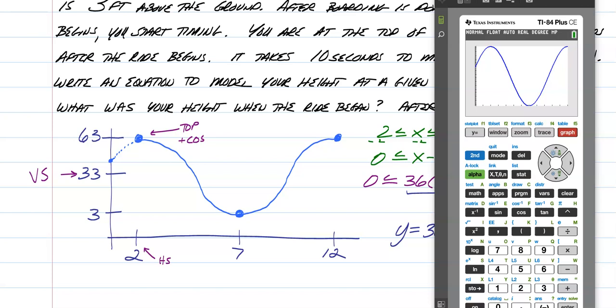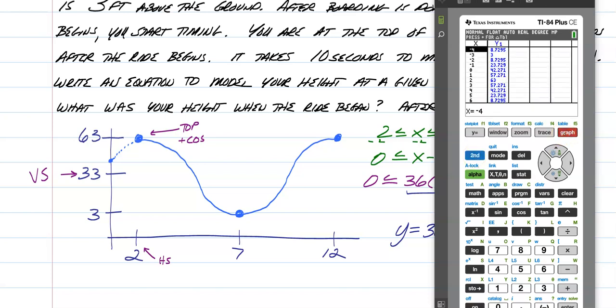But the easiest way is probably just to click second graph, which takes you to a table. And now you can just scroll. So at 0 seconds, when you first started timing, remember, you weren't at the top when the ride began. It took 2 seconds. So you're at 42.271.